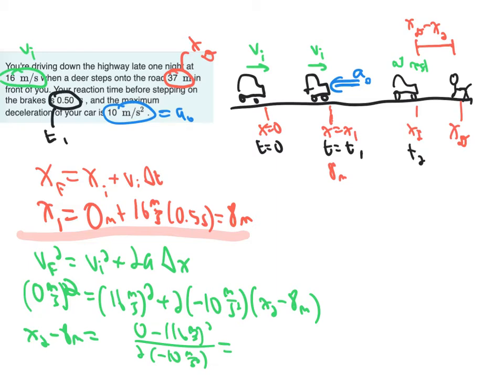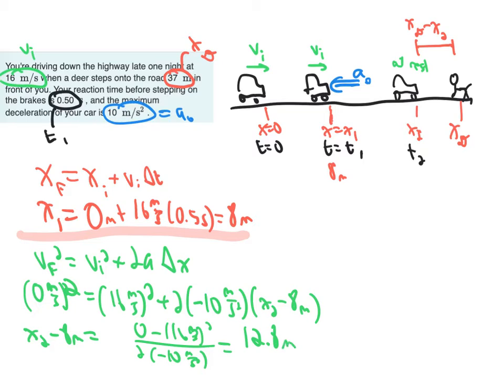And we get that x2 minus x1, minus the 8, is 12.8 meters. So x2 is 20.8 meters. Actually, let's do this a little differently.